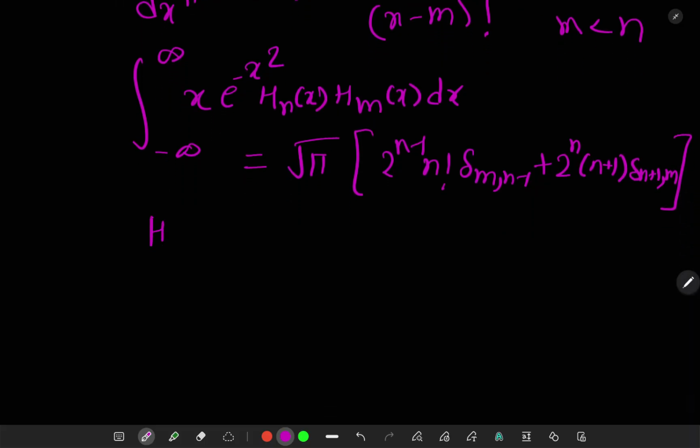Here H 2n at x equal to 0 equals minus 1 raised to power n, 2n factorial divided by n factorial.